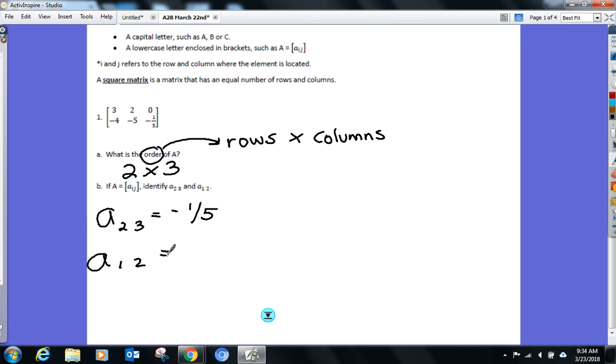Well, I'm hearing different answers now. Row 1, column 2. Row 1, column 2, boom, I'm at 2. And I'm going to add another one in here. Is everyone all right with that?